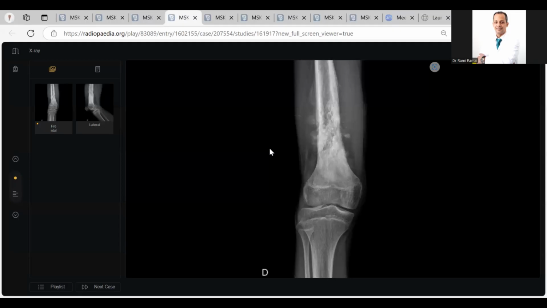What's your differential? The differential is an aggressive process. The differential would include infective versus malignant. Are you sure? On top of your differential diagnosis, which pathology?